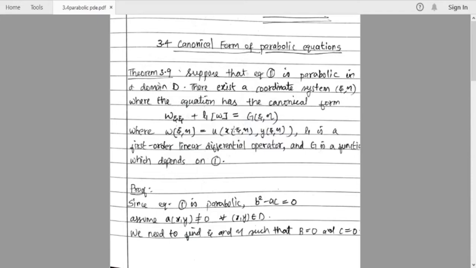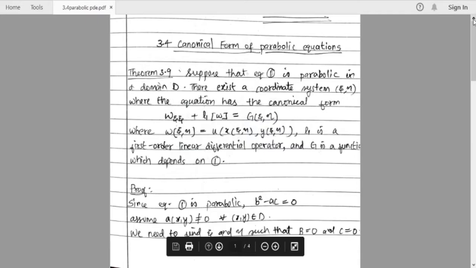Since the equation is parabolic, we have b square minus ac equal to 0. Now suppose that the coefficient a is not equal to 0.